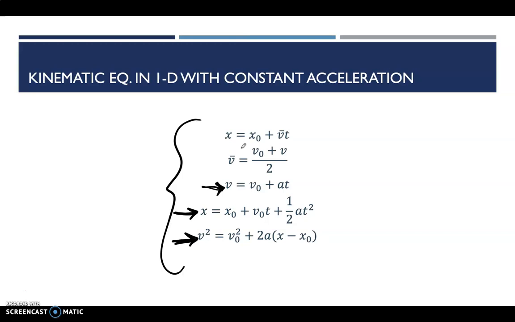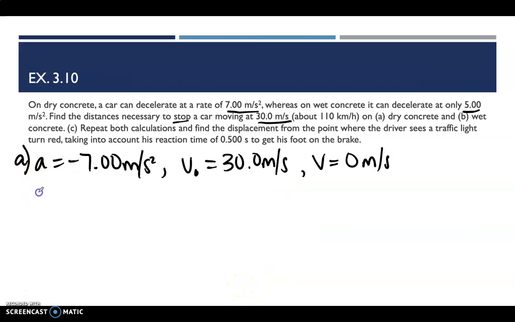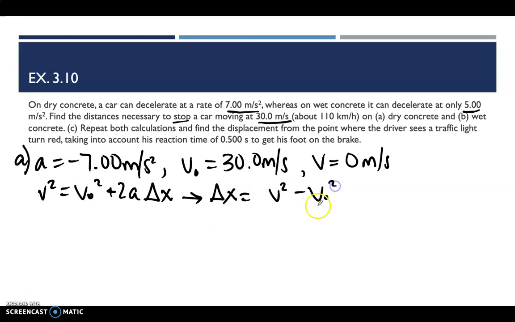We don't have a time, so these are out of the question, so we will need to use this last one that we just used: v squared equals v naught squared plus 2a delta x. We're going to look for that delta x. So delta x equals v squared minus v naught squared, divided by 2a.